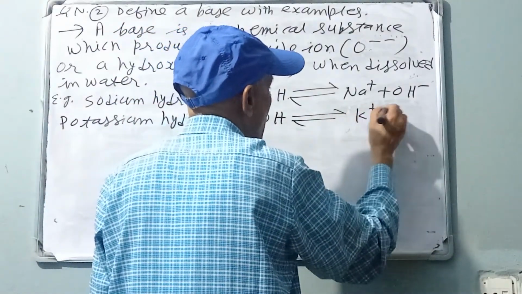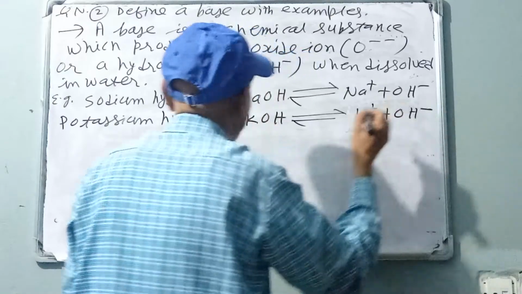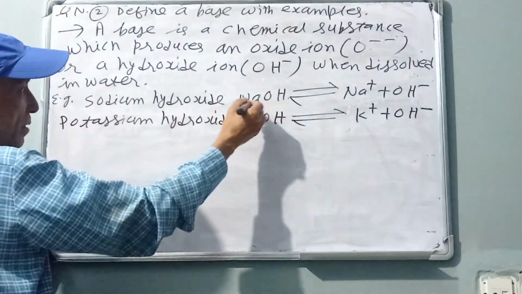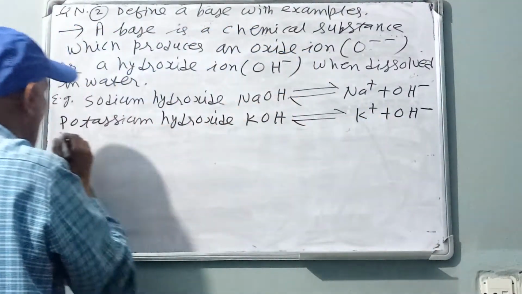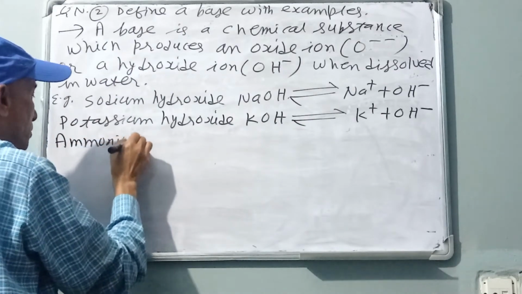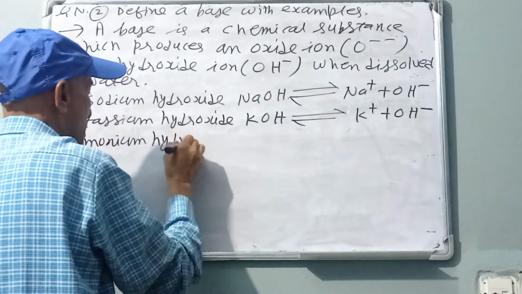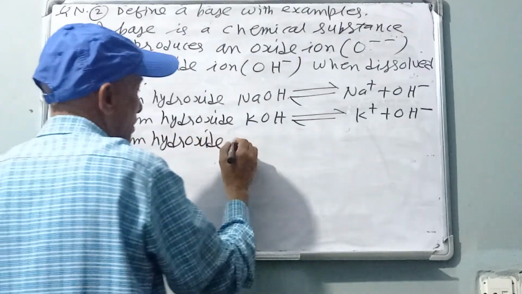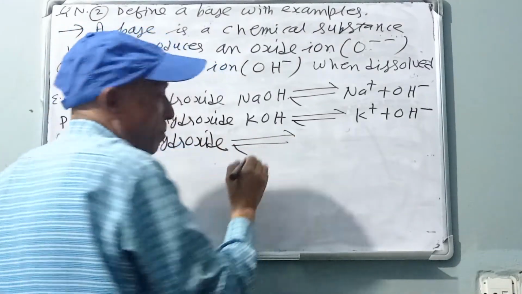KOH gives K plus and OH minus. Sodium hydroxide NaOH. Potassium hydroxide KOH. Ammonium hydroxide. Can you say the formula of ammonium hydroxide?